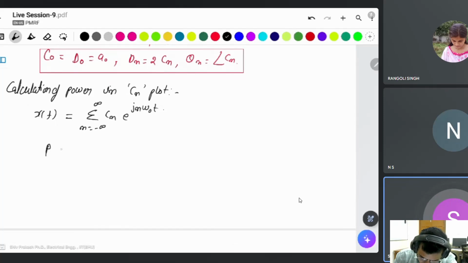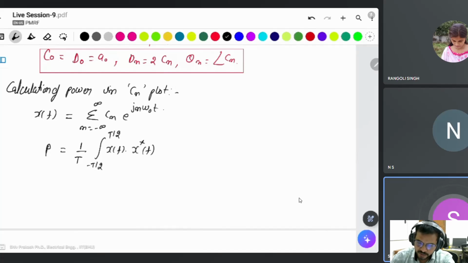Power calculation is for one time period, the average of the area over a time period, from minus T by 2 to T by 2 of x(t). If it is complex, then we need the complex conjugate of this one.